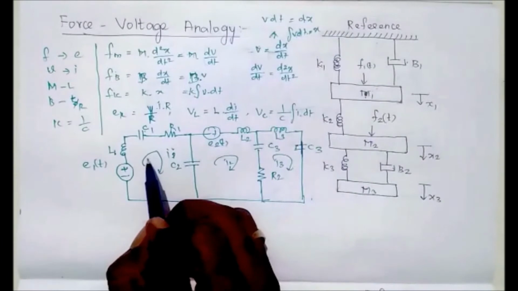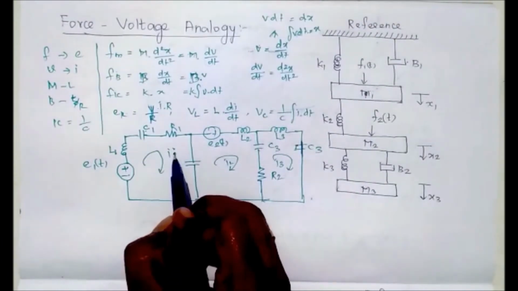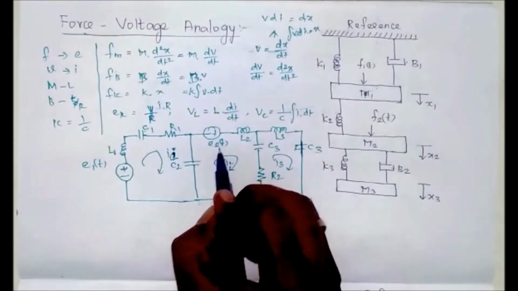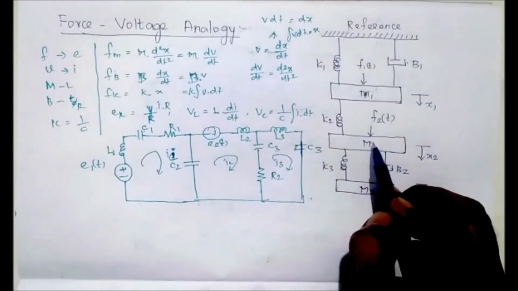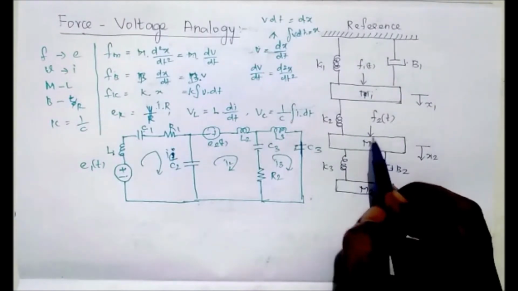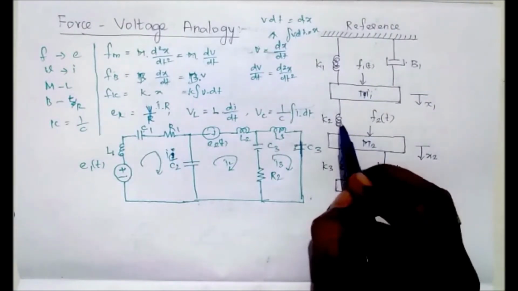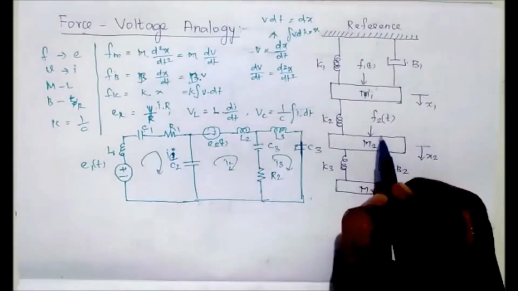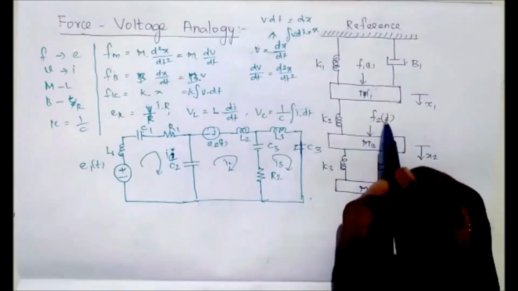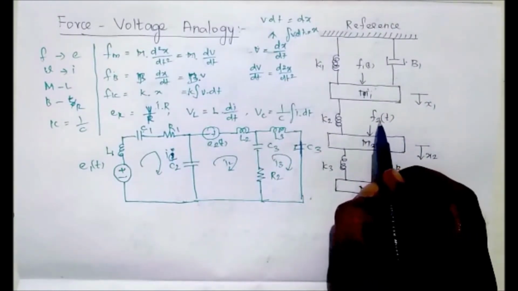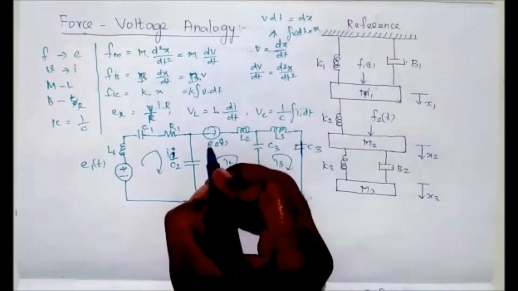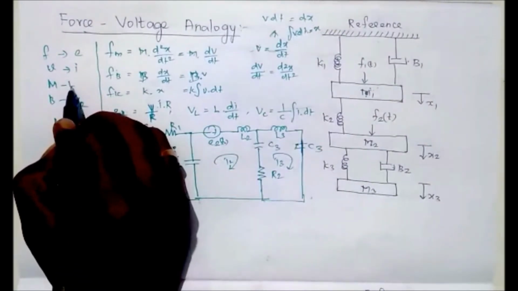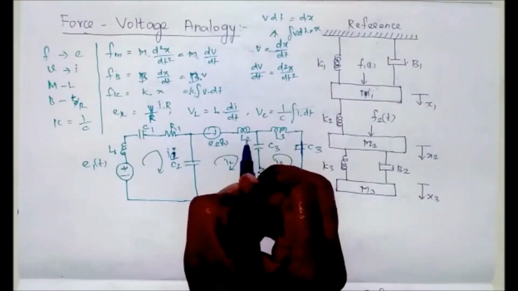Now we can consider this a loop with current I1. Next, this is the second loop. In between the first loop and second loop there is an element, K2, whose equivalent is C2. There is also a force on this mass, so for this force we use supply voltage E2. Its own mass M2 has equivalent inductor L2.